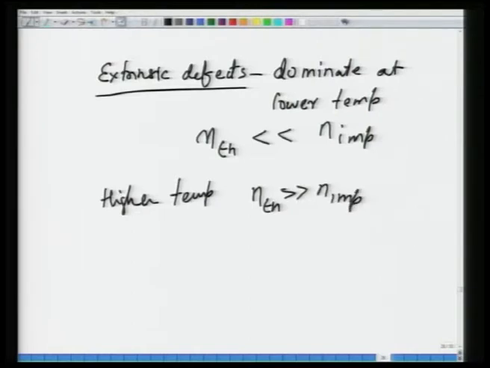So in defects you see two behaviors, one is extrinsic behavior, one is intrinsic behavior.